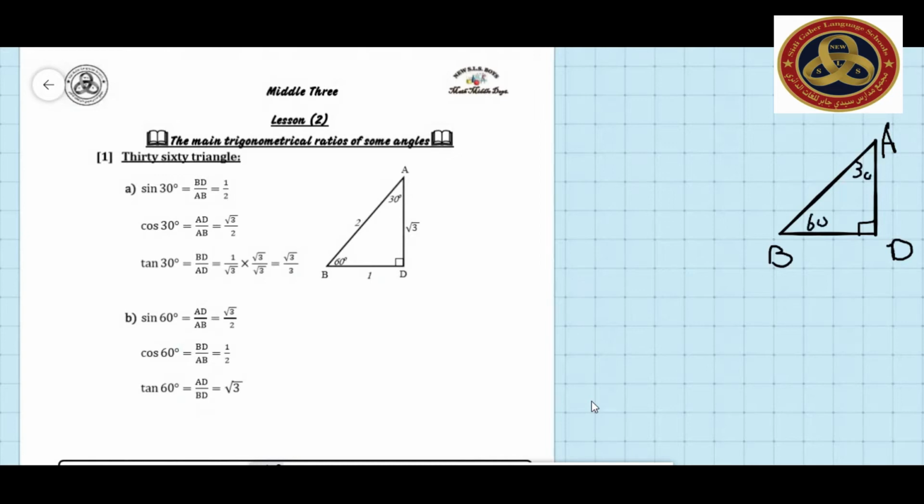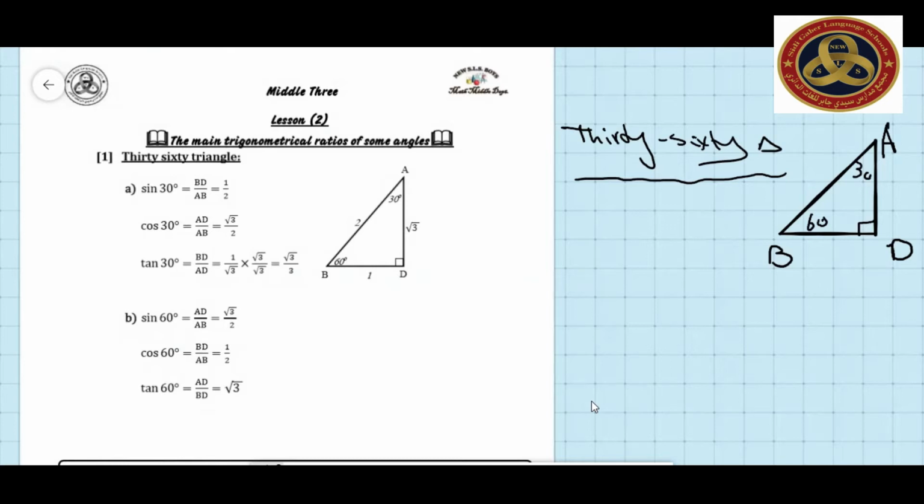We have studied before in middle 2 a rule about this triangle, the 30 and 60 triangle. The rule said the side which is opposite to the angle 30 equals half the length of the hypotenuse.